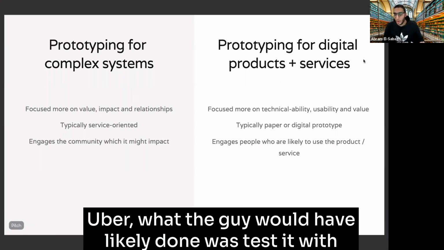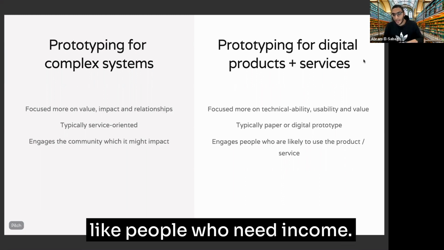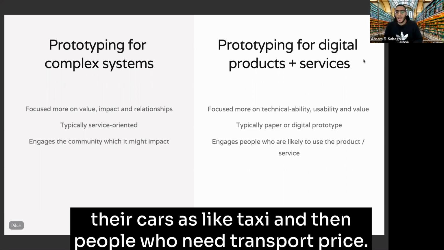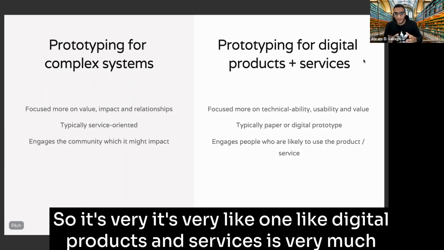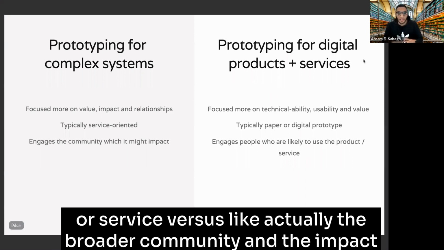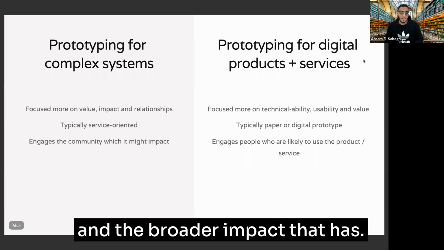Whereas what Uber would have likely done was test it with people who need income and who have newer cars and are happy to use their cars as taxis, and then people who need transport, right? So digital products and services is very much focused on the people who are going to be using or creating the product or service versus actually the broader community and the broader impacts that has.